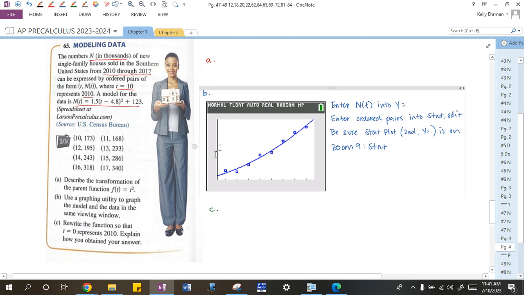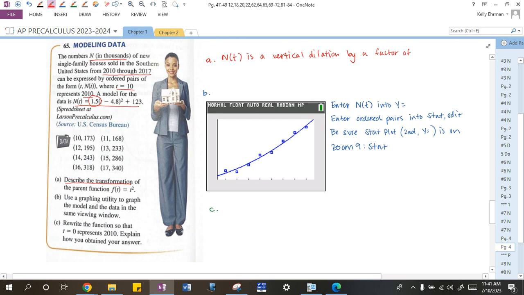Part A says describe the transformation before we graph anything. Describe the transformation of the parent function t squared. So take a look at n of t. We've got n of t is a vertical dilation by a factor of 1.5.